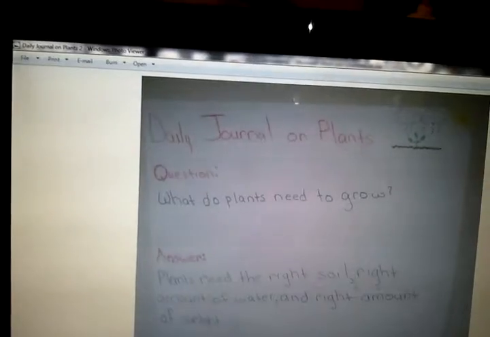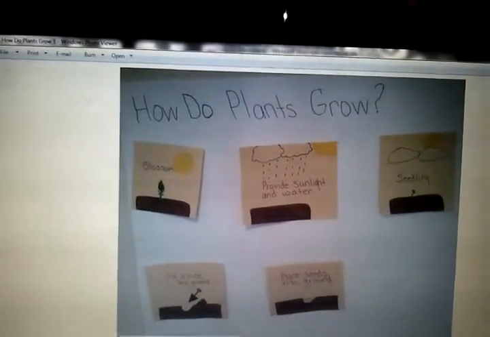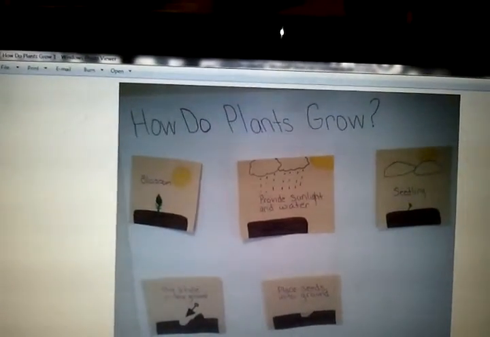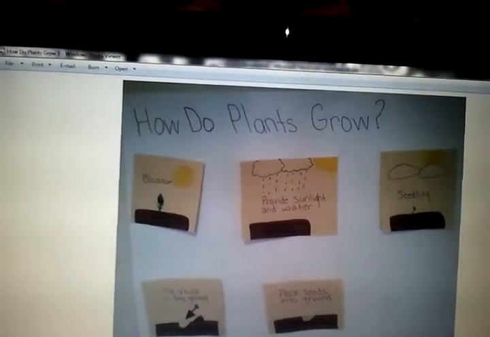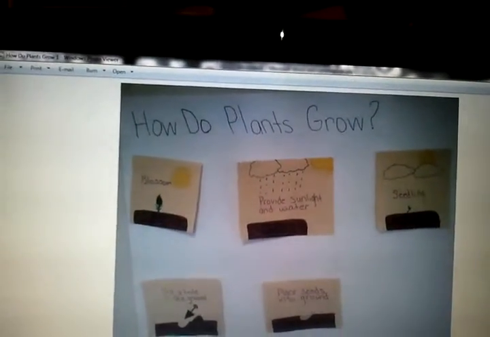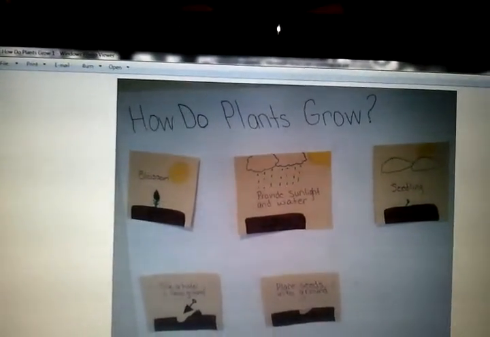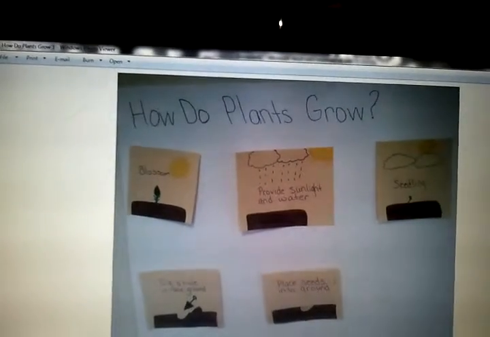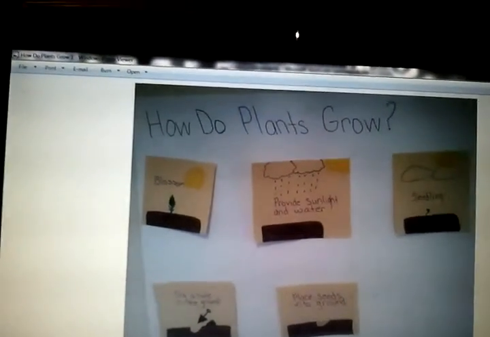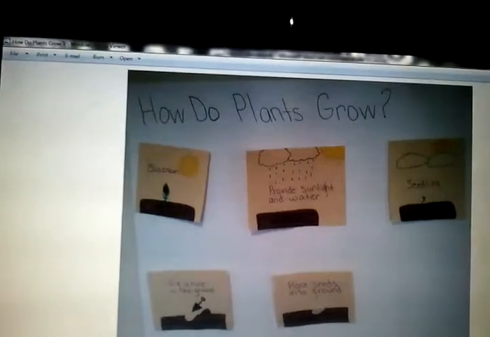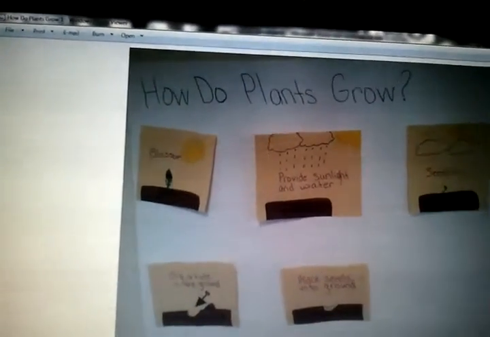The other board was called "How Do Plants Grow," where the kids will put in order the pictures of how a plant grows. First we start off with the plant seeds in the ground, and then you dig the hole in the ground.